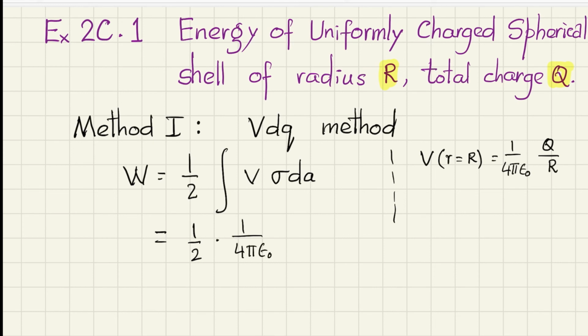Take out Q also, because it's a constant, and R I can take out, so all that remains is sigma dA, and that is nothing but Q. So it becomes 1 by 8 pi epsilon naught Q square by R. Simple, right? This is the energy stored in the charge assembly by the VDQ method.